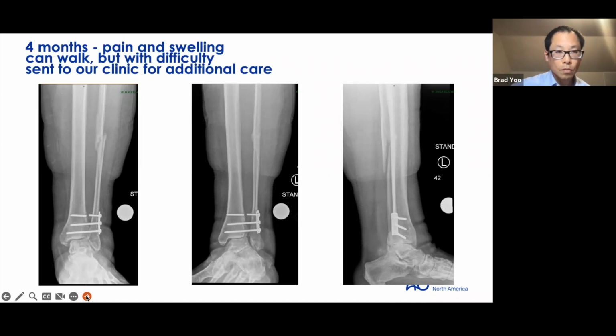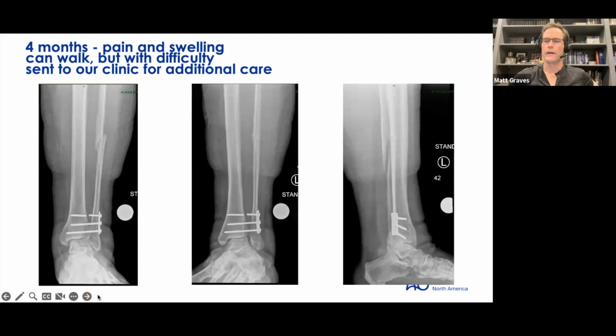But do you have it, Matt? No, we're not using weight-bearing CTs right now either. I don't know that I would do it in a case like this, because I would want to try to reproduce whatever I was going to be able to achieve in the operating room. And I know I'm not going to get weight-bearing views in the operating room really. So I would be more comfortable getting a non-weight-bearing CT for something like this. I think they're interesting, but we do not have access to them either.